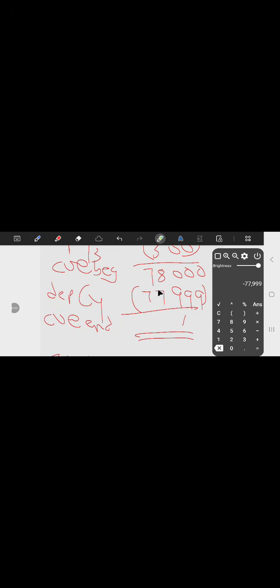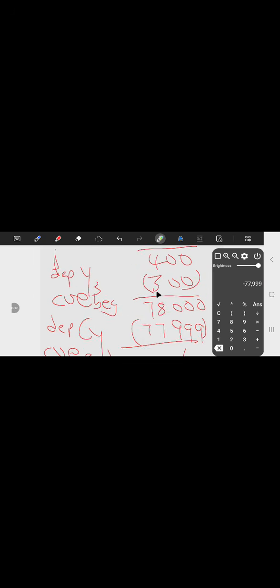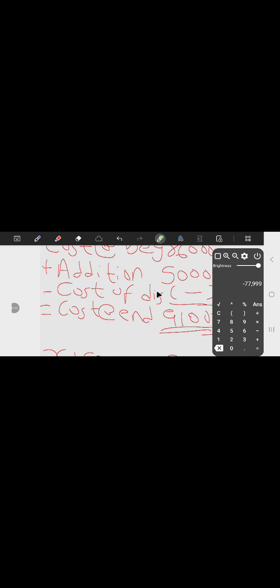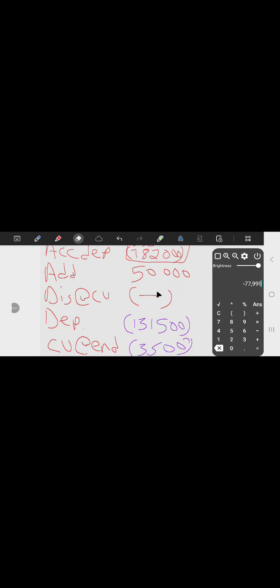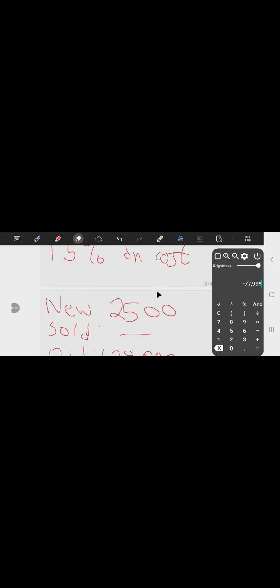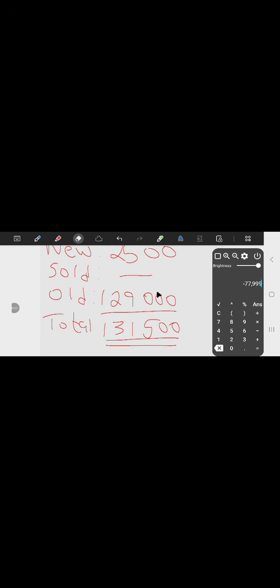Right, so now let's go replace those amounts that I said we were putting just for now. So 77,999 is the depreciation for the remaining assets. We were here. Okay, let's start here.